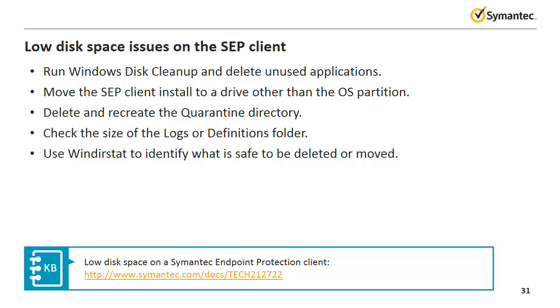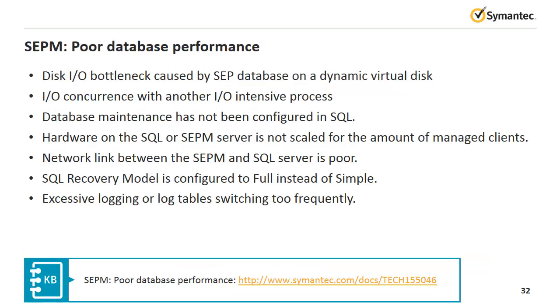The Symantec Endpoint Protection client can also be moved to a drive other than the OS partition. If there's a large amount of items in the quarantine folder, delete and recreate it. Check to see if the logs or definitions folder is an excessive size. Note that the definitions folder has a much smaller footprint with SEP 14. For more information, refer to the KB on the screen.